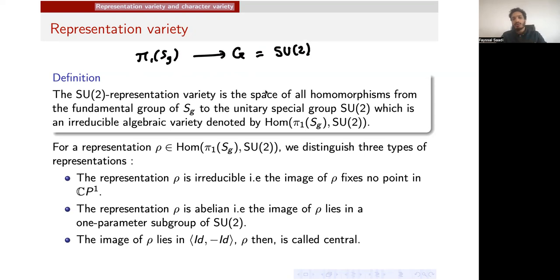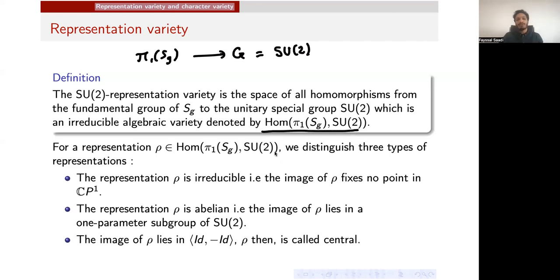So you take all the homomorphisms from the pi1 to the group. And actually, this gives us an algebraic variety, which is irreducible, denoted by Hom(pi1 of S, SU2).